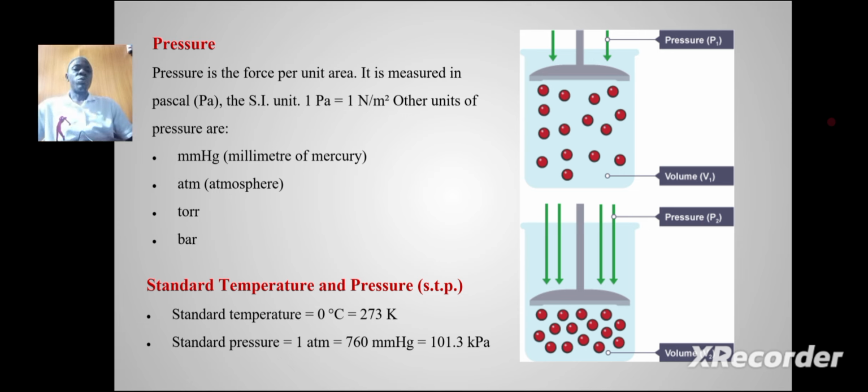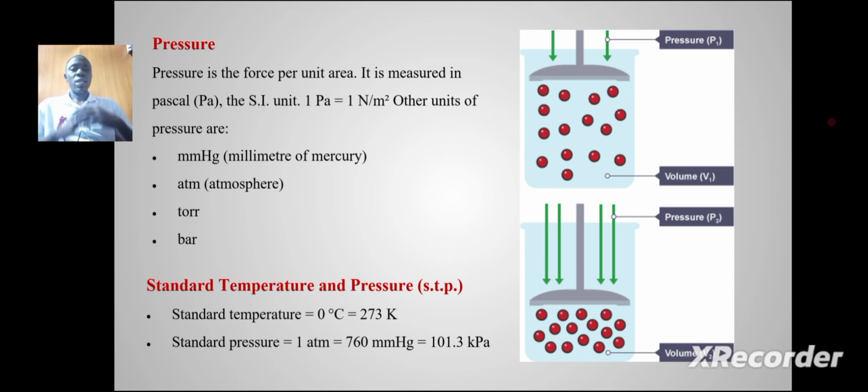Standard temperature is 0 degrees Celsius or 273 Kelvin, and standard pressure is 1 atmosphere. It's also equal to 760 millimeter mercury, or 101.3 kilopascals, or sometimes it is written as 1.013 times 10 to the power 5 pascals.